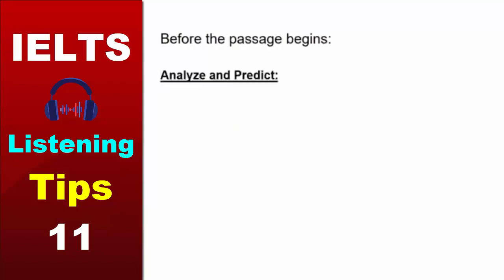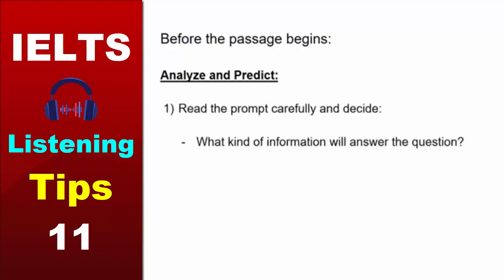In terms of strategy, before the passage begins, in the time you have to analyze and make predictions about the questions, make sure you do a couple of things. First, read the prompt carefully and decide what kind of information will answer the question. You should be able to underline the key words in the question that will help you determine exactly what you're supposed to look for.